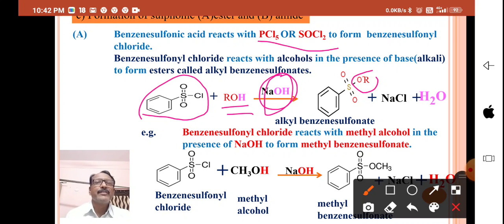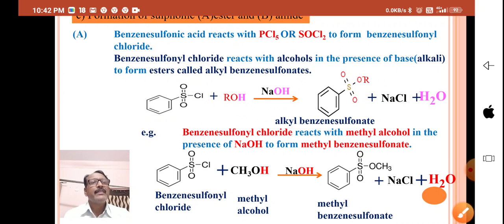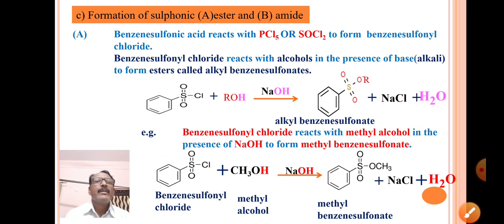This is the general reaction. That means ester formation takes place when benzene sulfonic acid reacts with PCl5 or SOCl2 giving benzene sulfonyl chloride, which reacts with alcohols in the presence of base to form esters called alkyl benzene sulfonates. For example, benzene sulfonyl chloride reacts with methyl alcohol in the presence of NaOH to form methyl benzene sulfonate.